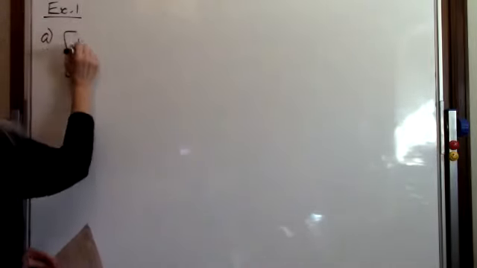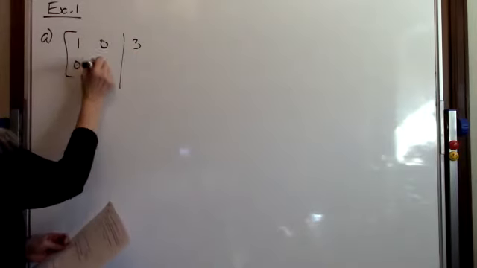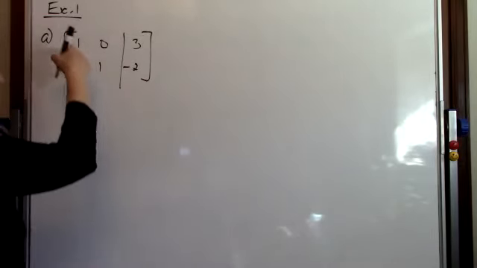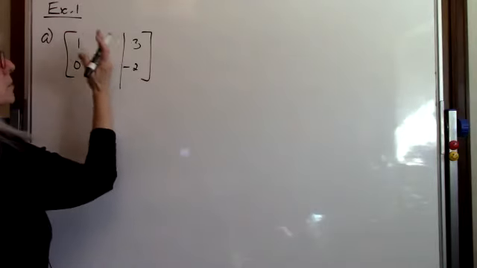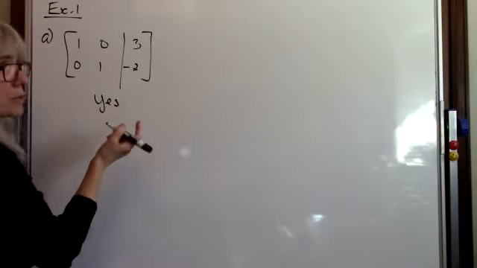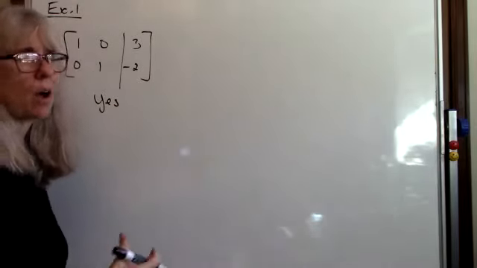We have a 1, a 0, a 3, and then a 0, a 1, and a -2. Because we see our 1s on the diagonal and 0s in the other spots, and again, I'm talking about to the left of the bar that represents the equal sign, the answer is yes, this is in reduced form.